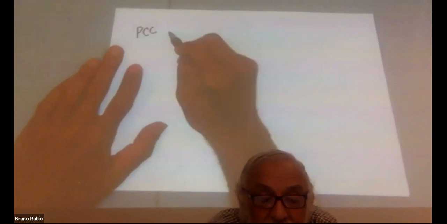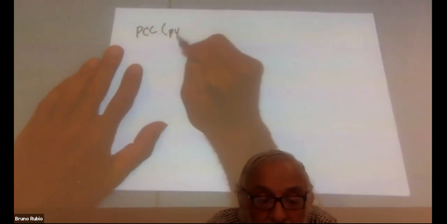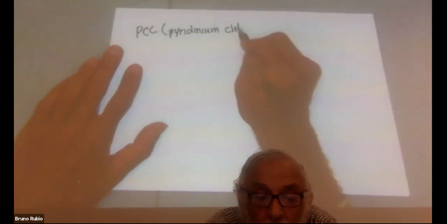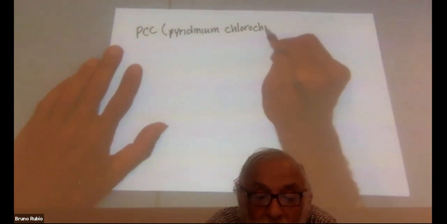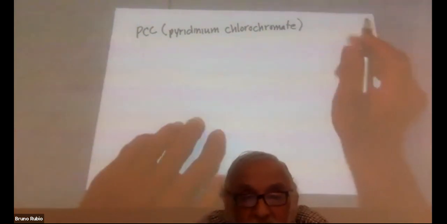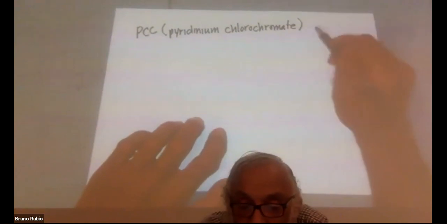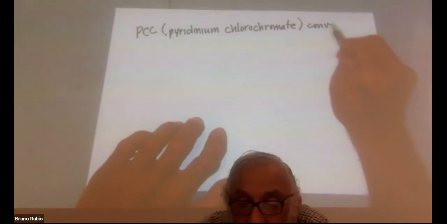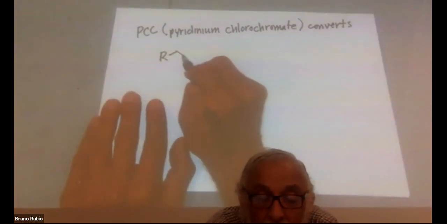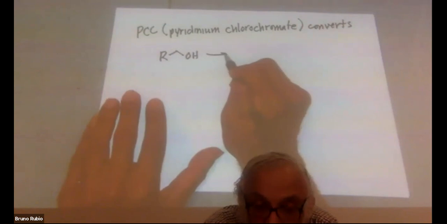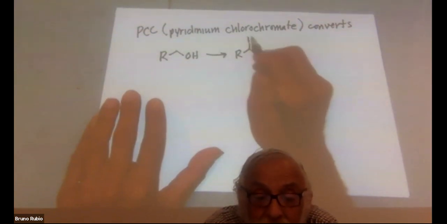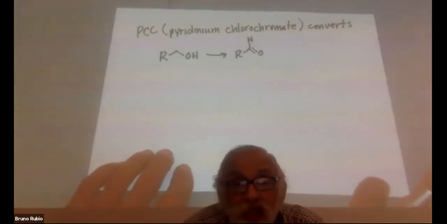PCC, pyridinium chlorochromate. PCC converts a primary alcohol to an aldehyde, and the reaction stops there.